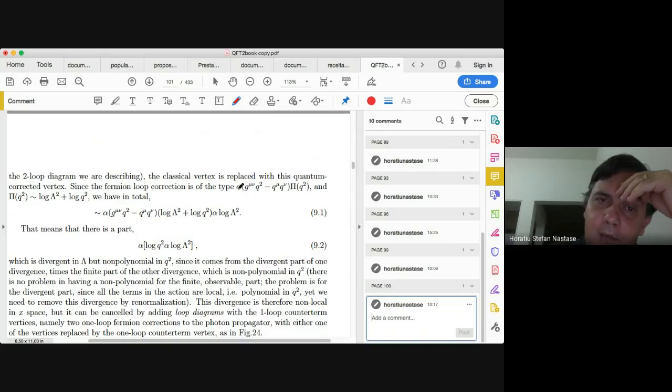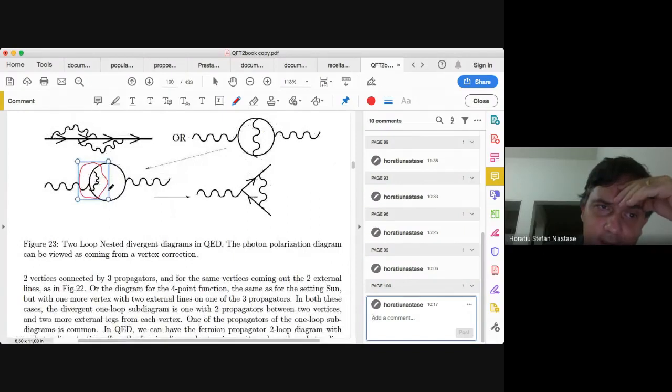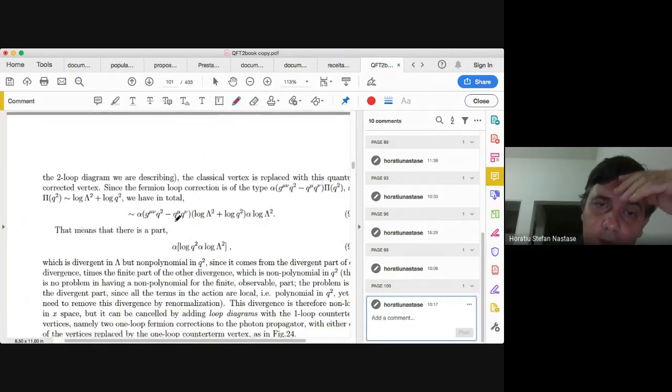And since pi of q squared is one loop, its alpha dependence is just a common alpha. So that means the structure of this whole divergence is first the divergence coming from this vertex, and then the divergence coming from the one loop. So the product of the two.